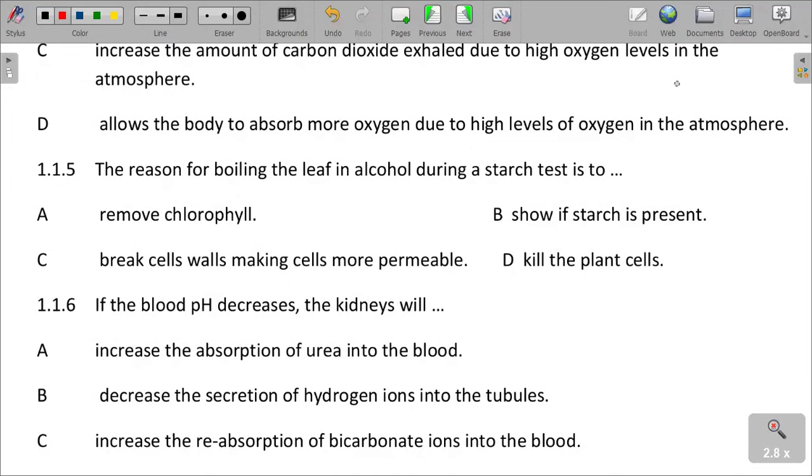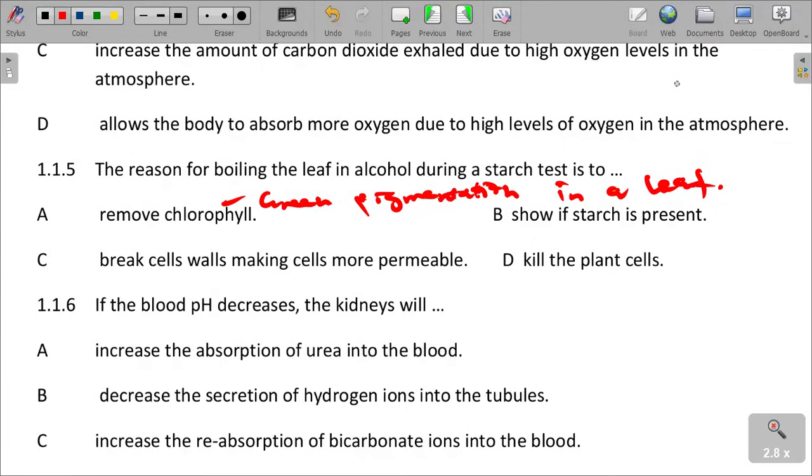The chlorophyll is the green pigmentation in a leaf. Green pigmentation in a leaf is removed by what? By alcohol.